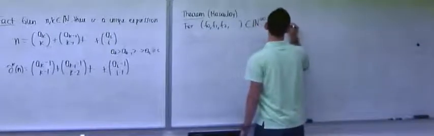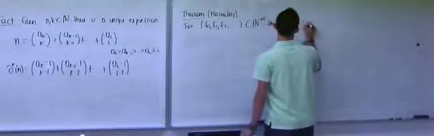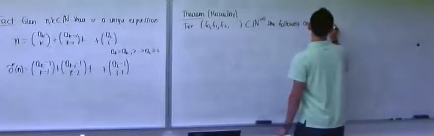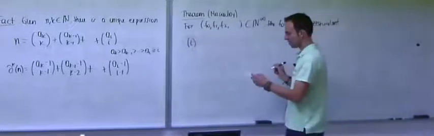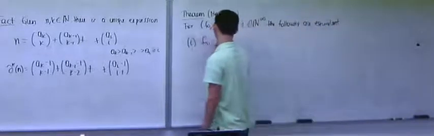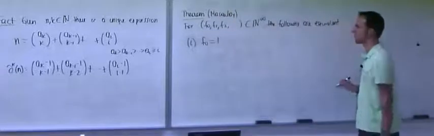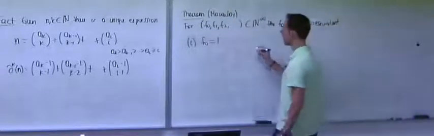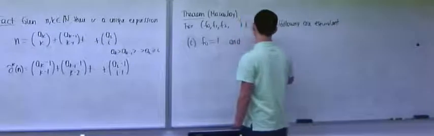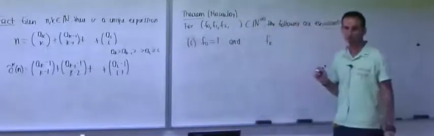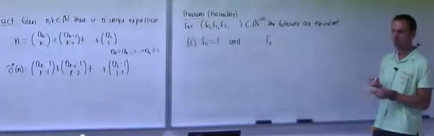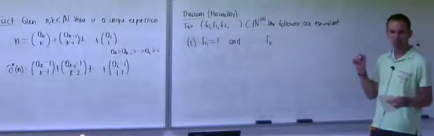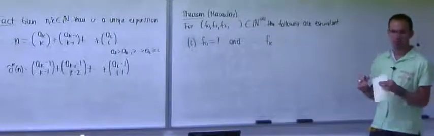So it turns out that the description is this one. F0 should be 1, and if you know how big f(k-1) is, that gives you a restriction on how big fk can be.